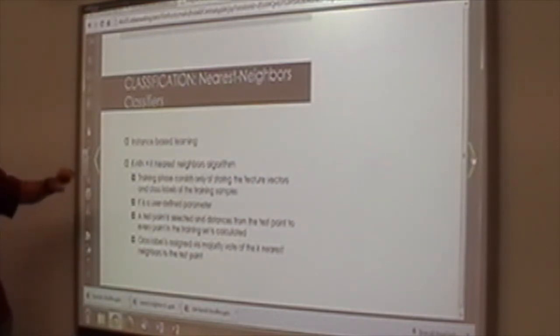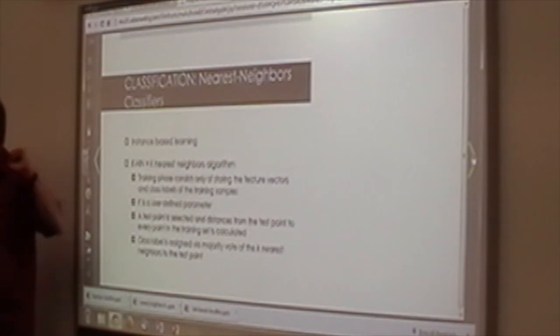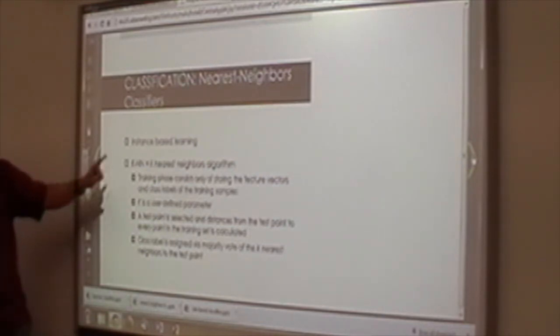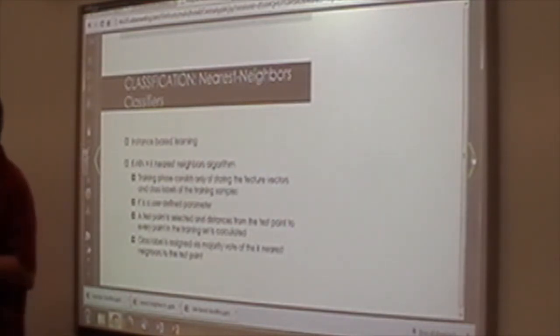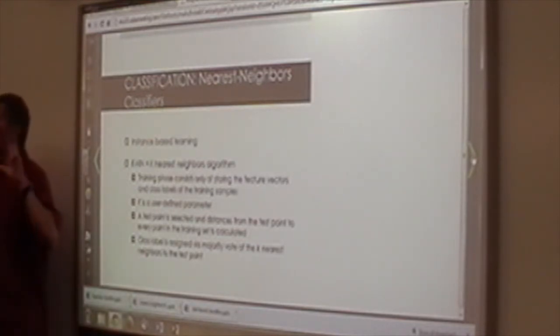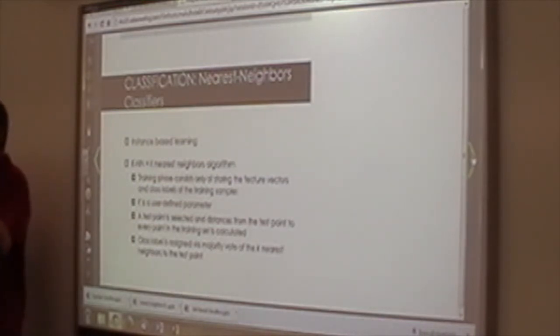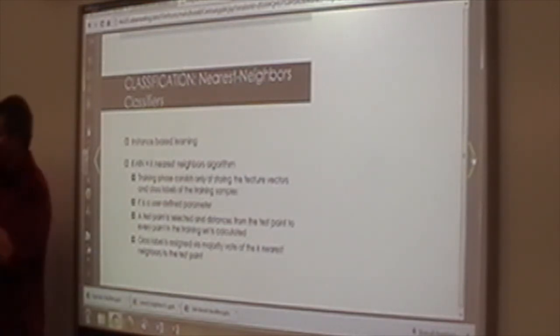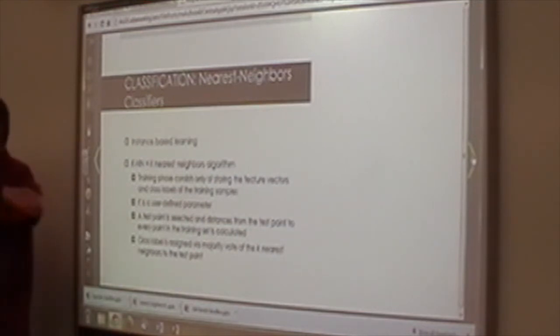The classic example of this is called the k nearest neighbors algorithm. And we're going to go through this algorithm. Basically, there is not really a real training phase. All we're going to do is take our training set, our training examples, and the algorithm's just storing it.